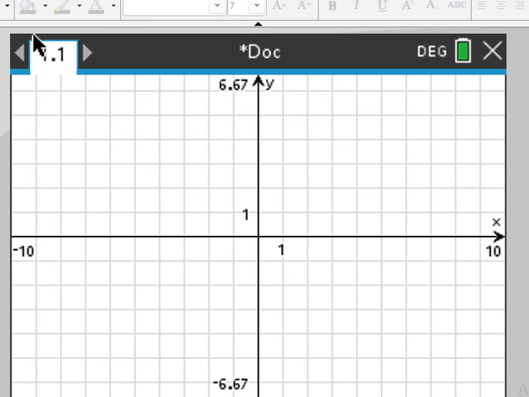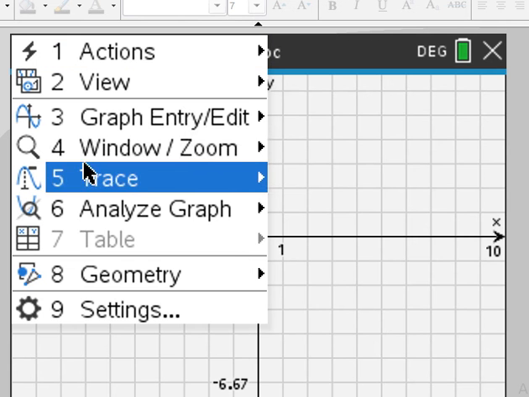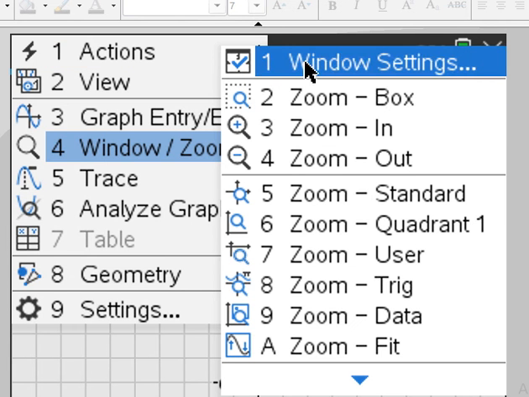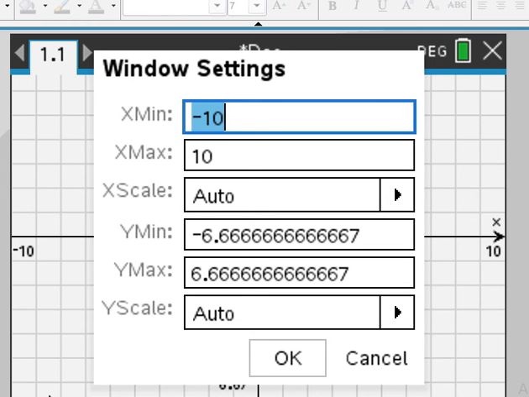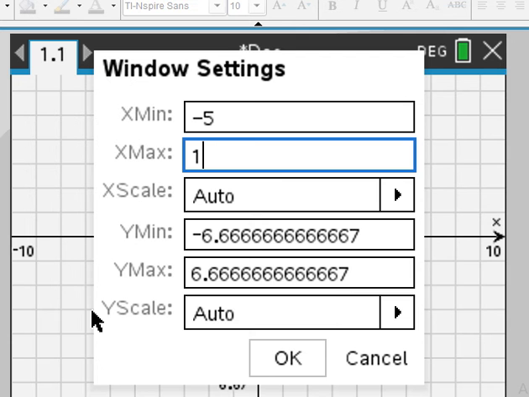So first thing I want to do is set an appropriate window. My window for this, I'm going to start with negative 5 because I want to see the y-axis and I want to see the x-axis. And remember, the months go up to 180, so I have to go to 185 for both.